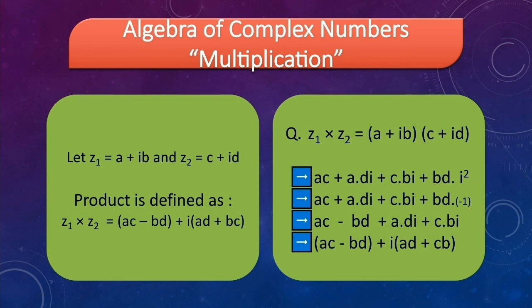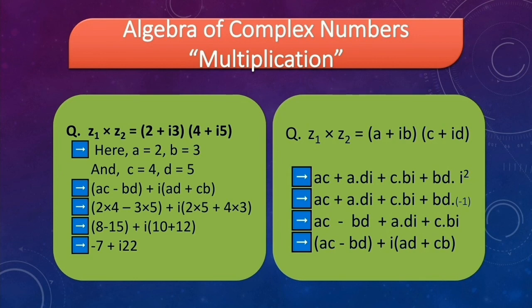Now, taking the third step, in the fourth step we have just separated the real parts and the imaginary parts, as we did in the addition. Now we have again z1 into z2 is equal to (2 plus iota 3) into (4 plus iota 5), both in brackets.